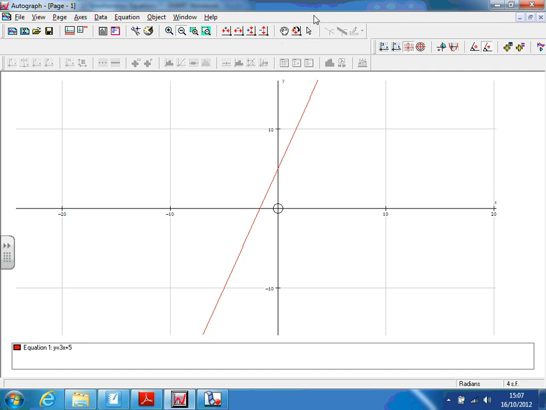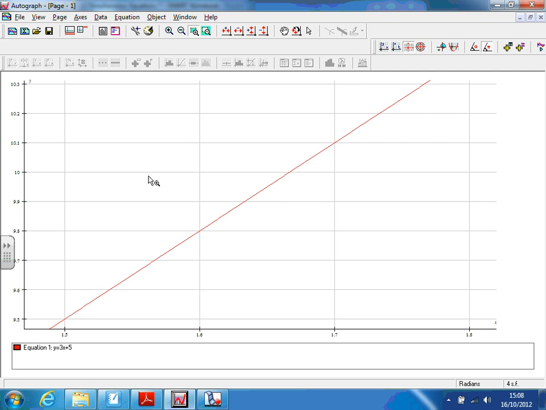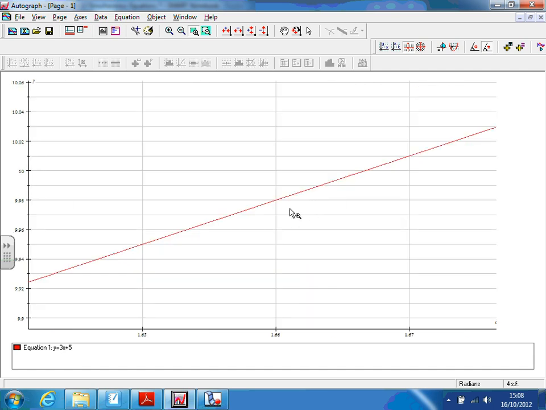So when y equals 10, I want to know what x is down here. So I can use Autograph nicely to zoom in on it. So I zoom in, and when y equals 10, x equals 1 point something. So I could zoom in again, and again when y equals 10, x equals about 1.66. So it looks like it's 1 2/3 or 1.66 recurring or something like that.